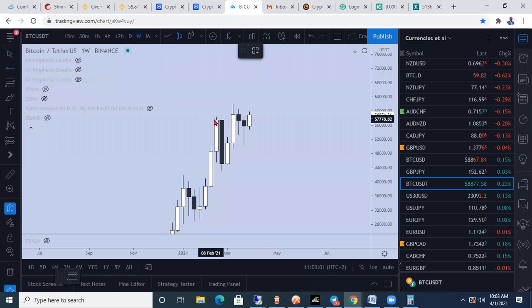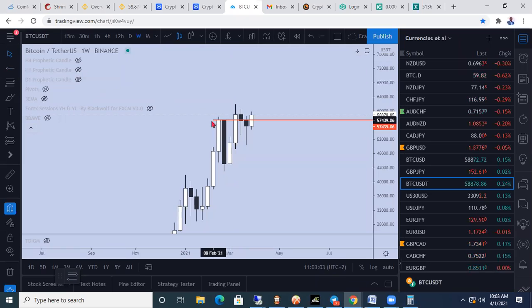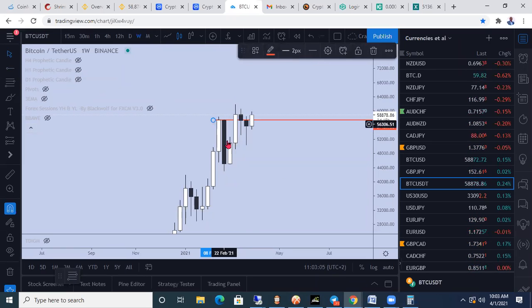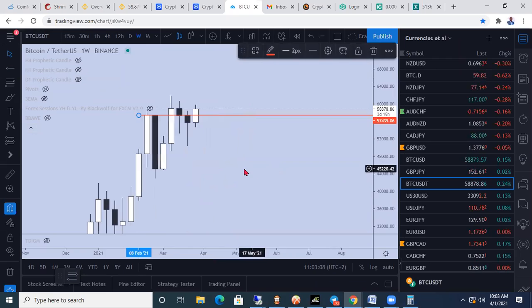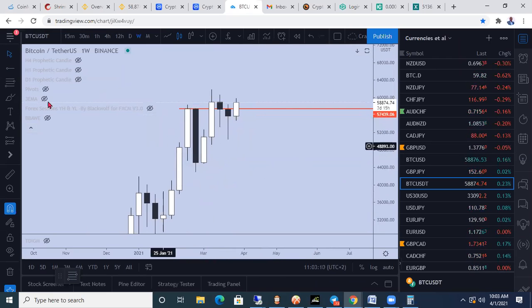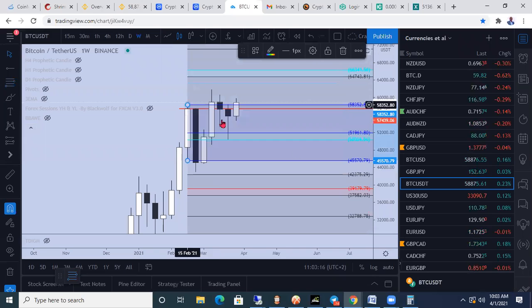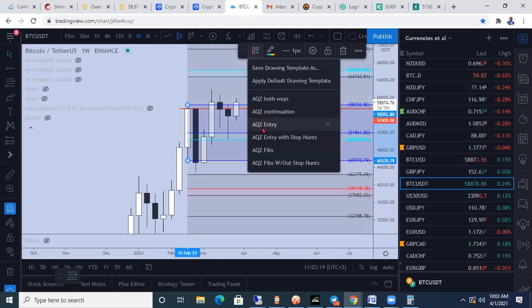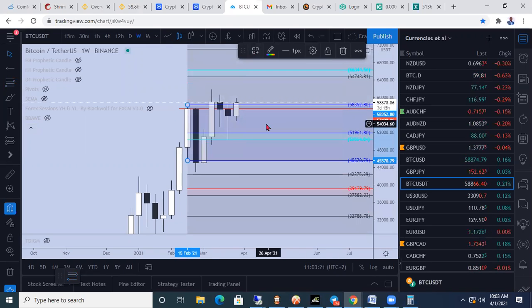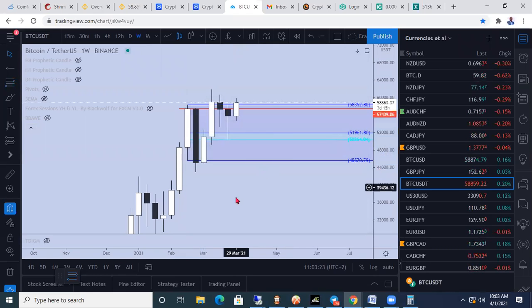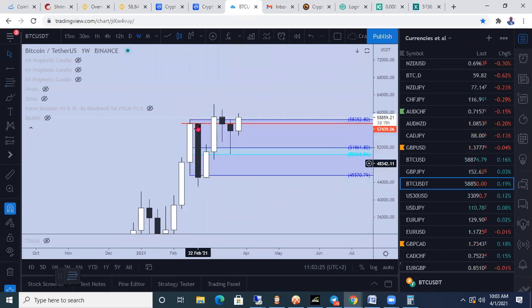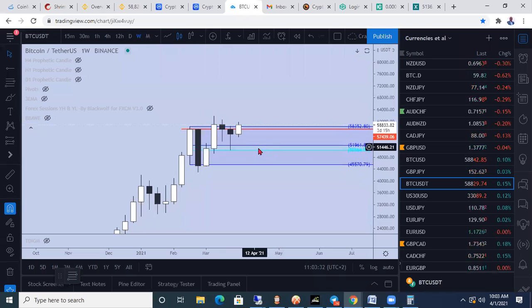Once price closed above this level, we had a violation on Bitcoin. This is a bullish violation. We simply fib upon the violation, see the retest to the PE, and boom, price is going, right?